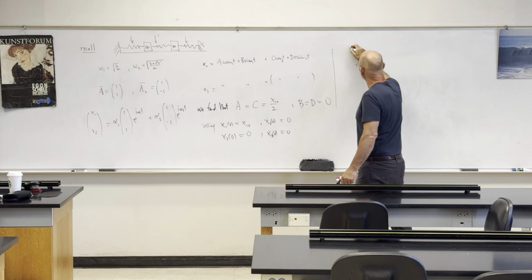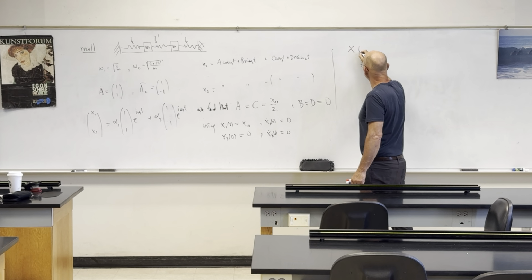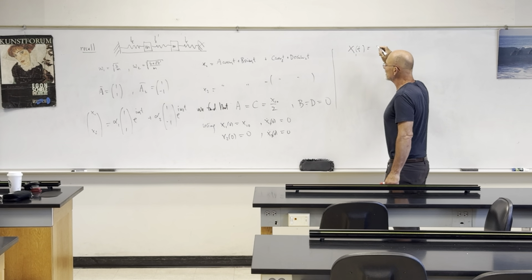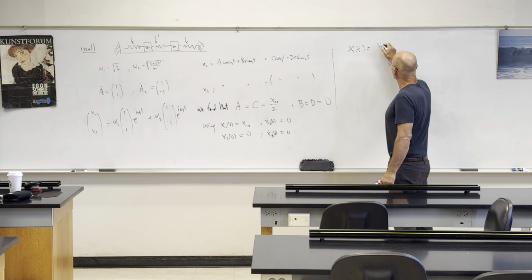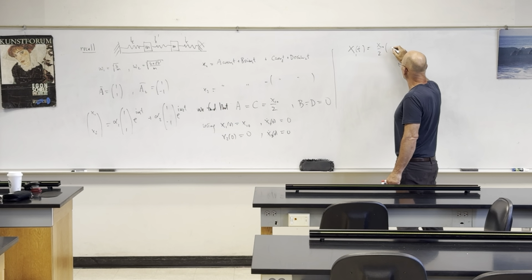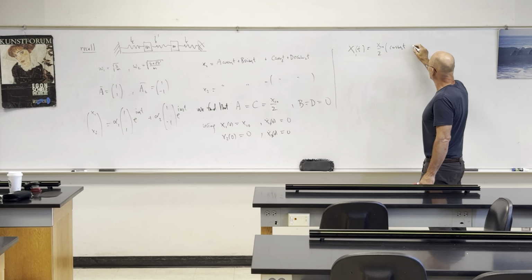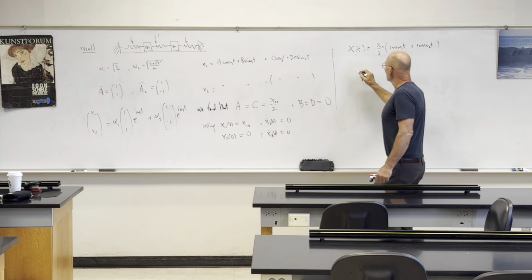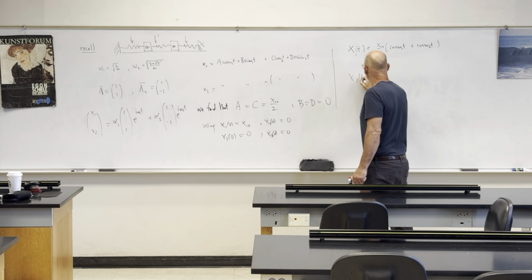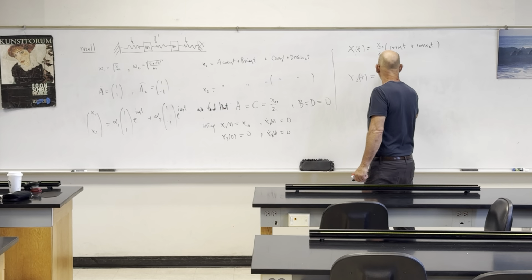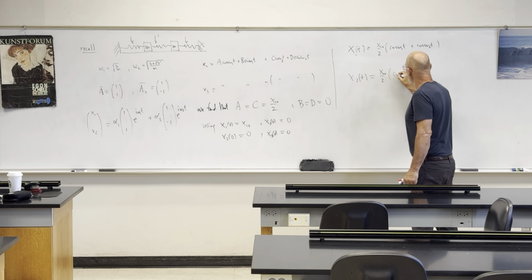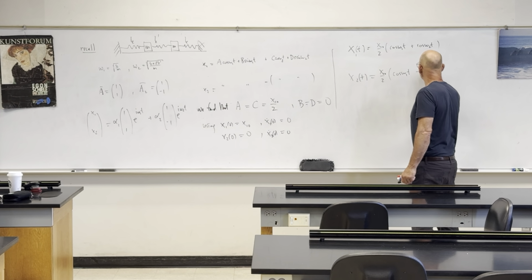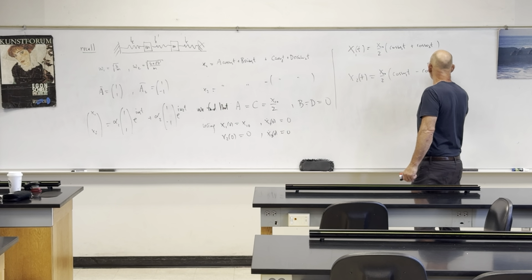So now what we have is x1 of t equals x10 over 2 times cos omega 1t plus cos omega 2t, and x2 of t equals x10 over 2 times cos omega 1t minus cos omega 2t.